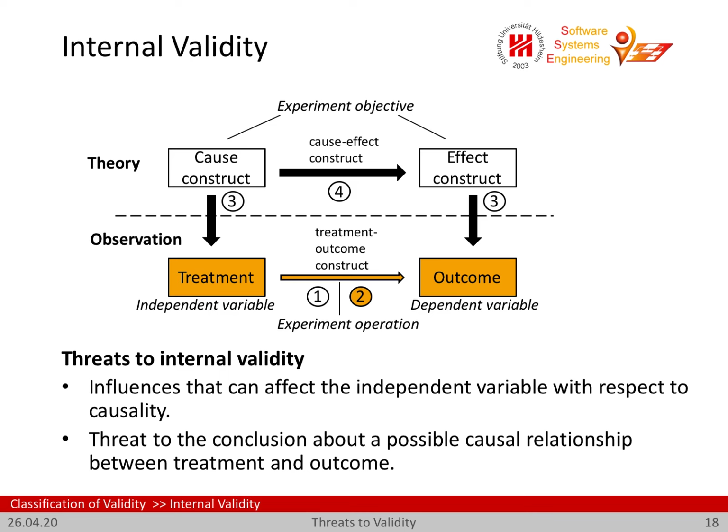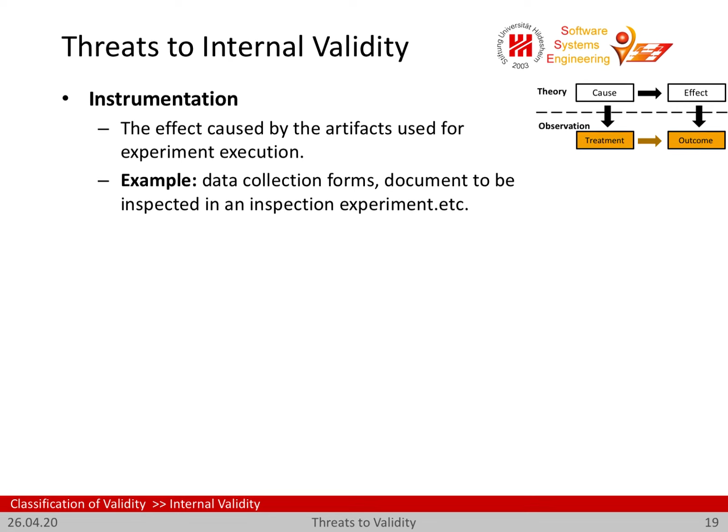The next kind of validity is internal validity. Threats to internal validity are things like the influences that can affect the independent variable with respect to causality. There can be threats to the conclusion about a possible causal relationship between treatment and outcome. Typical examples of these kinds of threats to validity are instrumentation, for example.